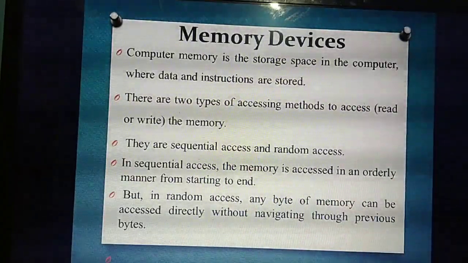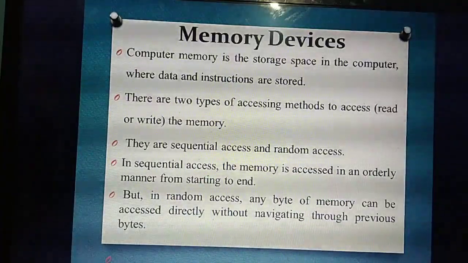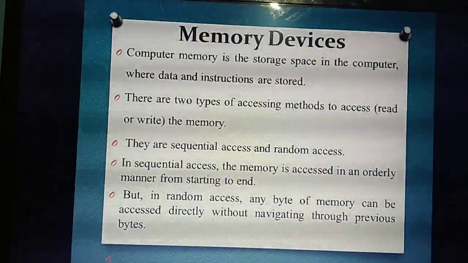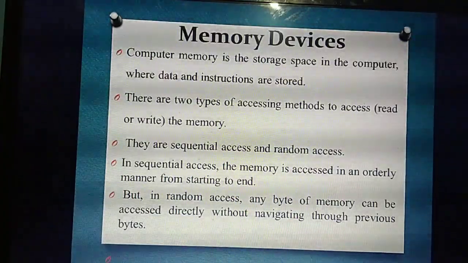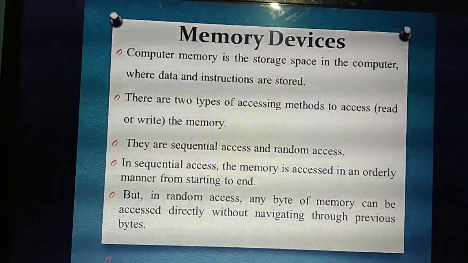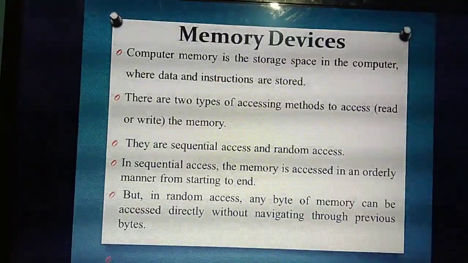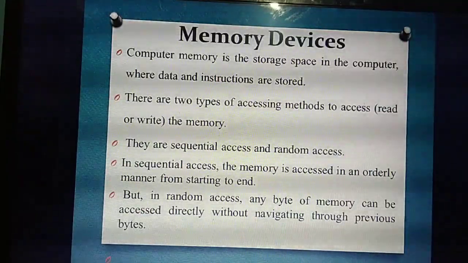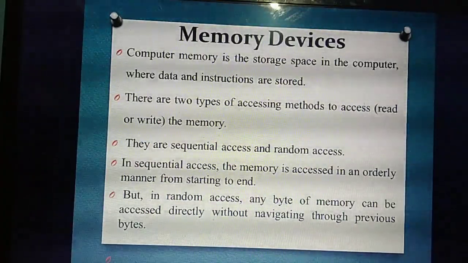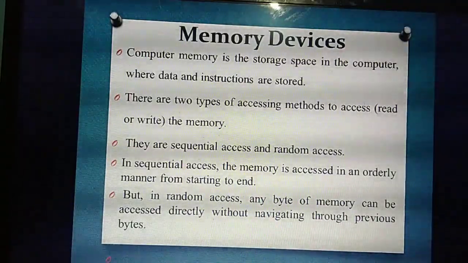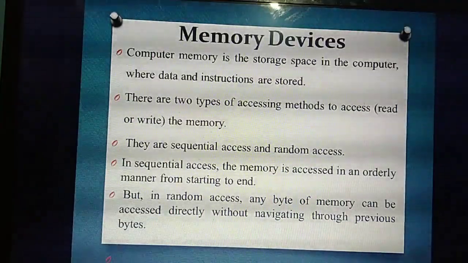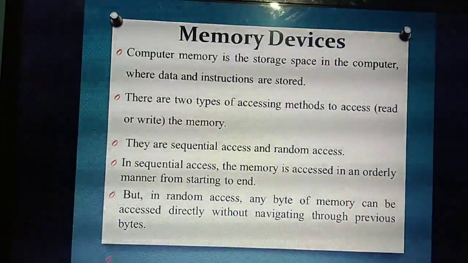Likewise, there are two types of accessing methods. From where do you need to access? From memory, where you have already stored the data. For example, you have stored a lot of video files in your mobile phone. I need to access a particular video from your phone; that is called access. If I simply open the video in your mobile phone itself, that is called read. If I copy or transfer a particular video from your phone to my phone, that is called write.